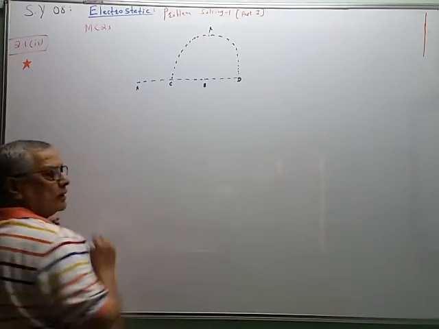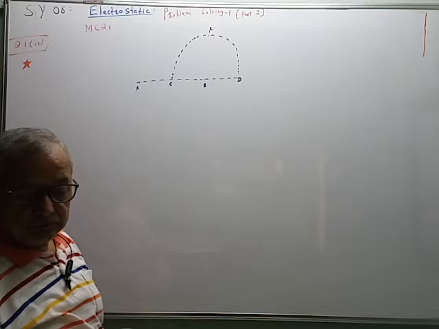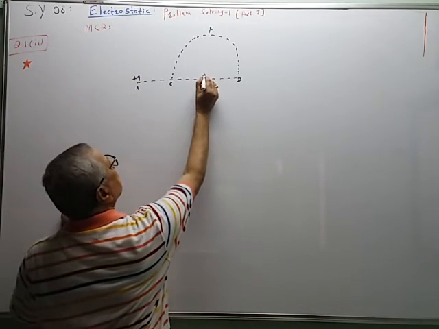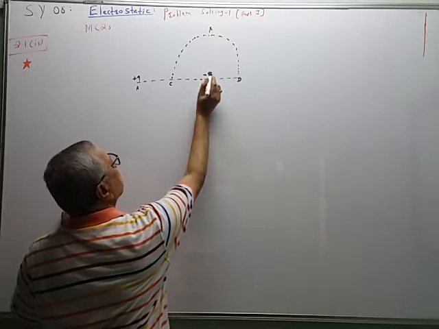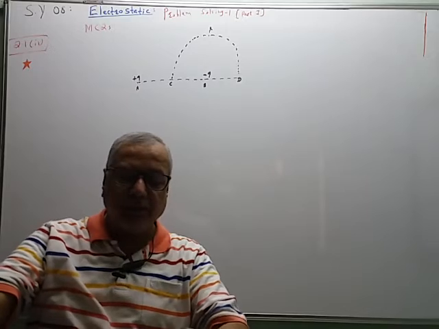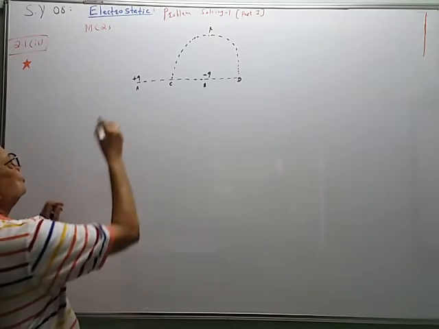At point A, plus Q charge is kept, small q. At point B, minus Q charge is kept. So it forms a dipole, and the dipole length is 2L.